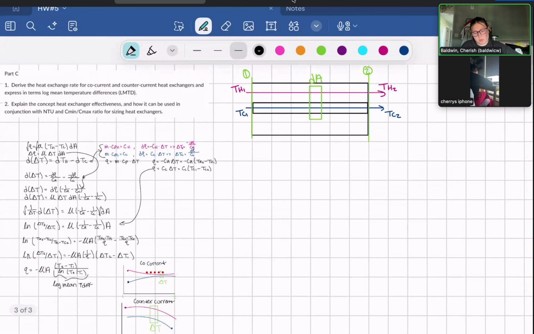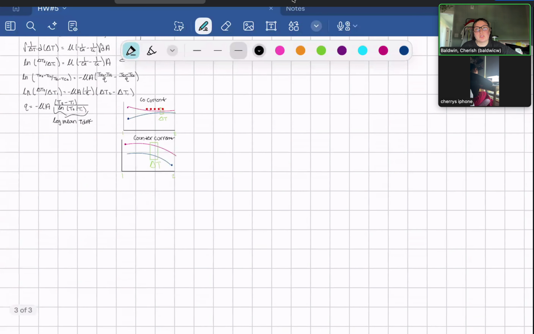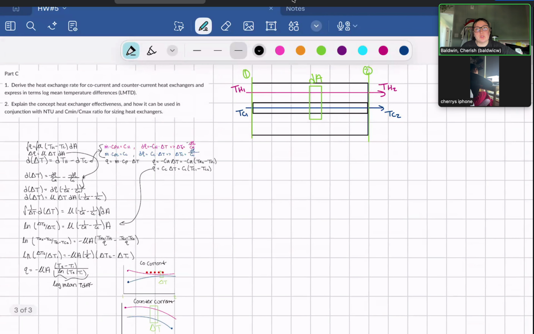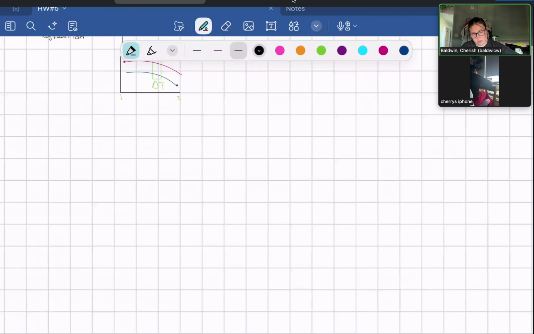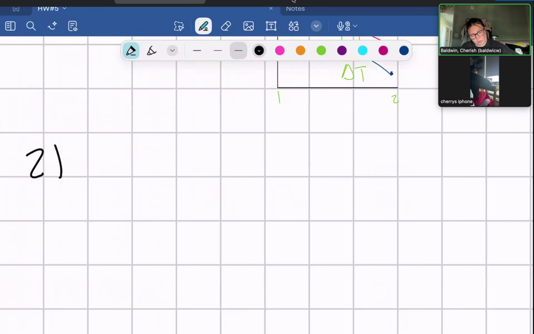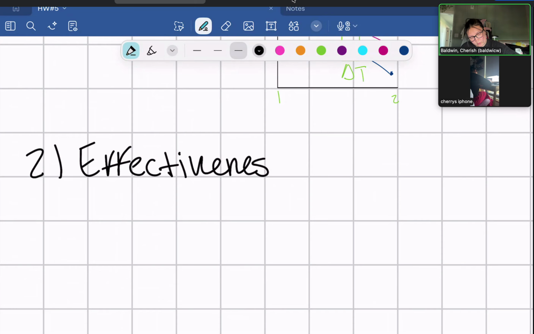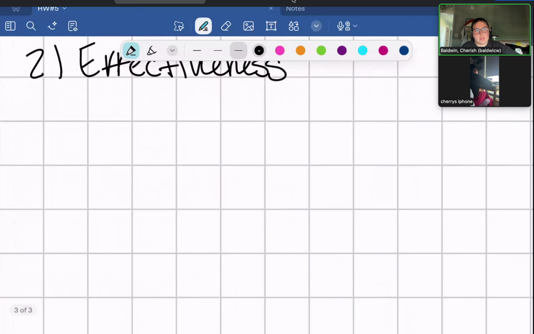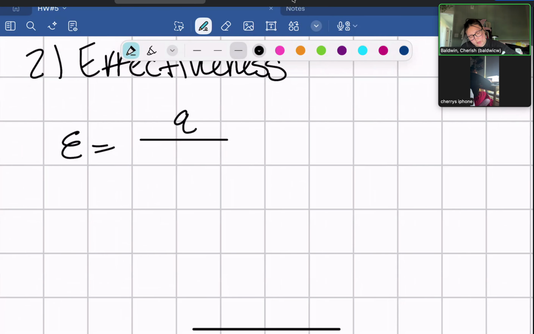All right, so now we are going to explain the concept of effectiveness and how it can be used in conjunction with NTU. So effectiveness is equal to Q over Q max.